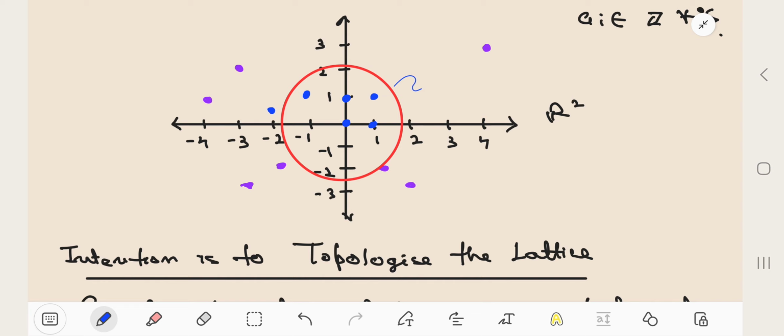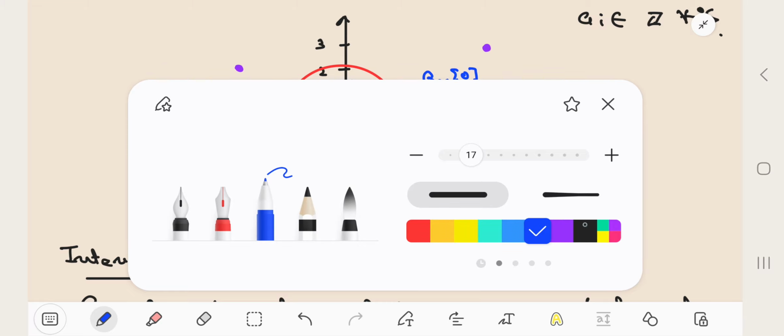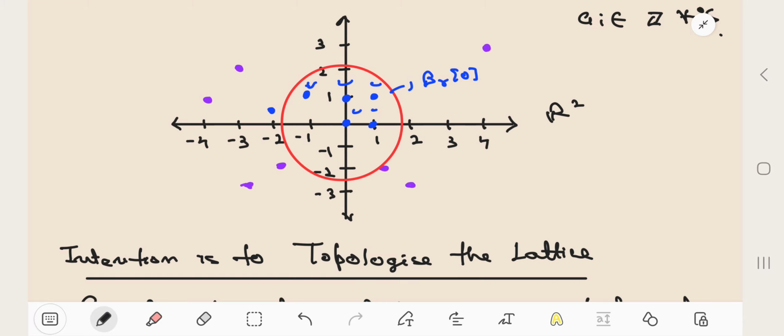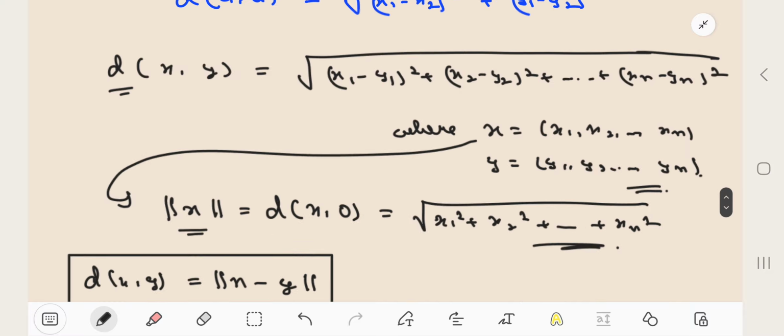The lattice intersects the closed ball centered at origin of radius r only at finitely many points. So in this case you can see that we have 1, 2, 3, 4 and 5. There can be many more of these points, but the number of points will surely be finite, which is clearly observable here. You can also see that if you increase the radius of the circle, this finite intersection still remains, and if you shrink it down, it also holds in that case.